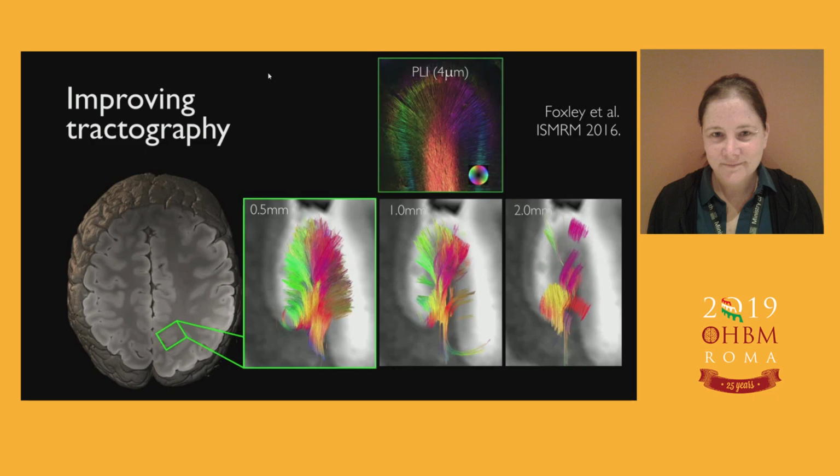And at 2 millimeter, we barely even are able to sort out the connections at all. Whereas at this very high resolution, we're able to depict in a really beautiful manner this fanning architecture. So this not only gives us a target resolution, it also gives us something that we can use, for example, to put constraints on our diffusion tractography that would enable us to do better, for example, at 1 millimeter resolution.